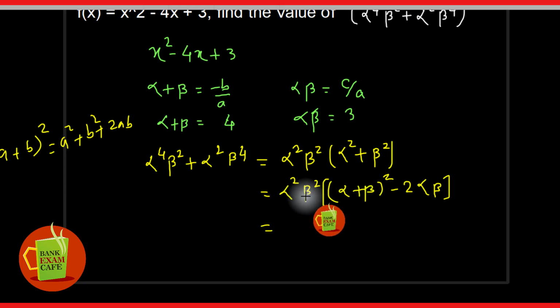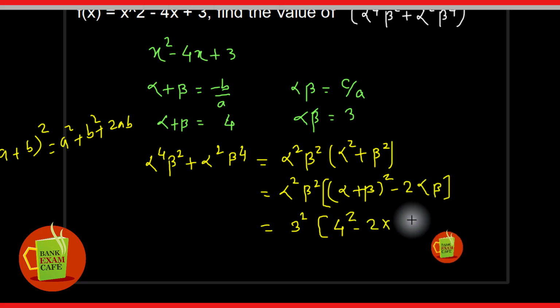Now this is (alpha beta)², the product of the roots and its square. The product of the roots is 3, and therefore this will be 3². Then inside the bracket, this is the sum of the roots squared. The sum of the roots is 4, so it will be 4² - 2 into the product of the roots, which is 3.